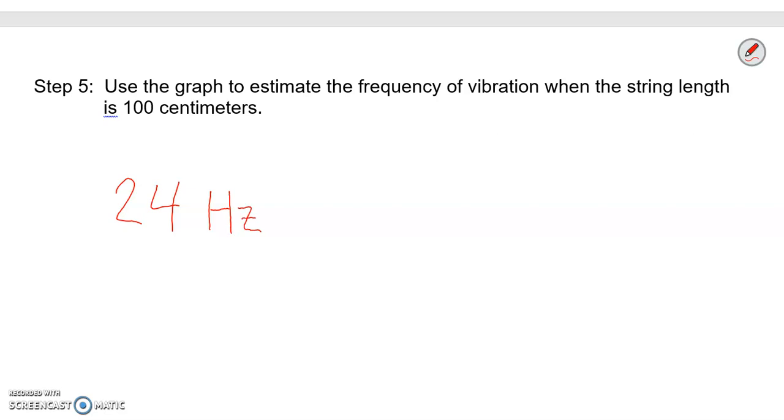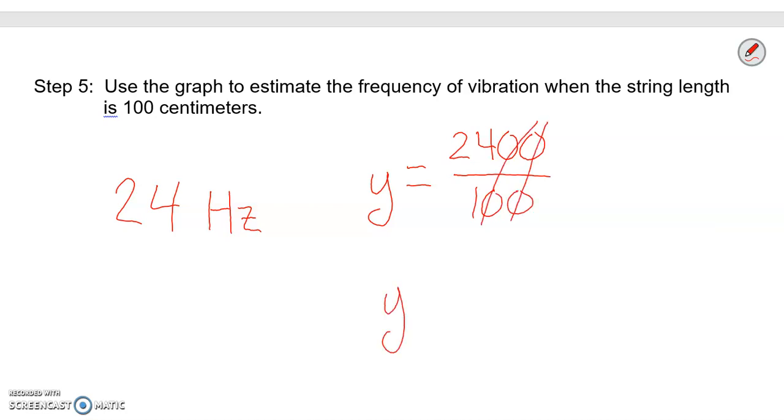We can also check that. We have y equals 2,400 over our x value of 100. When we solve that, we get y equals 24 hertz. So that checks out.